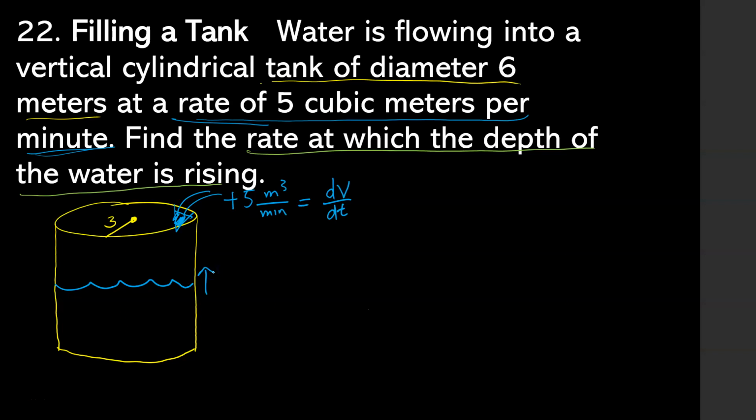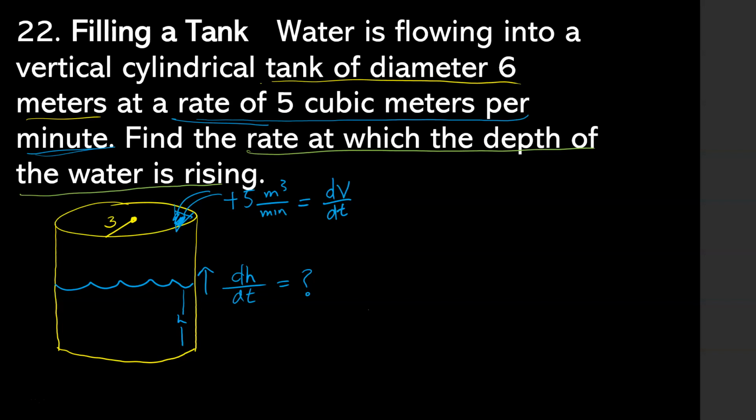We know this is what we're looking for. How fast is that water rising? And that's a change, so it's going to be d something dt. That's my question mark. Well, we could call the height of the water above the bottom of the tank h, which would make this dh dt.